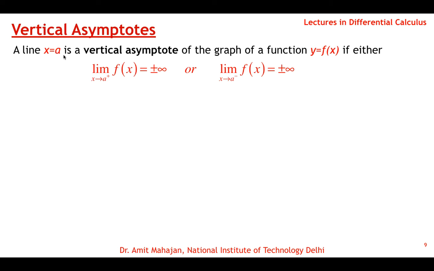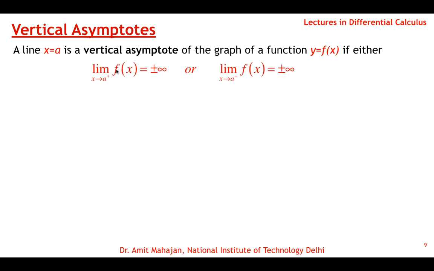So a line x is equal to a is a vertical asymptote of the graph of a function y is equal to f(x) if either the function grows too large to plus infinity or minus infinity when we approach point a from the positive side, or the function grows too large to plus infinity or minus infinity when we approach a from the negative side.